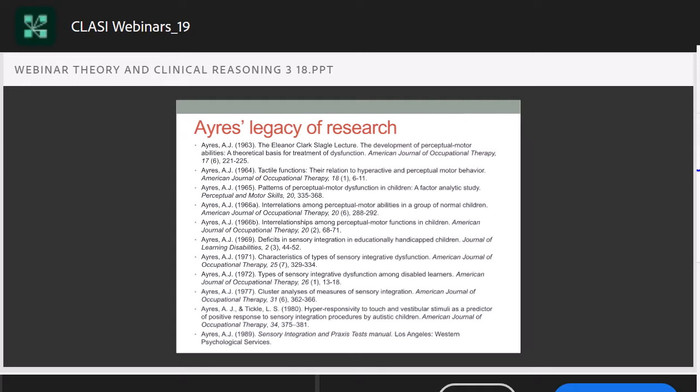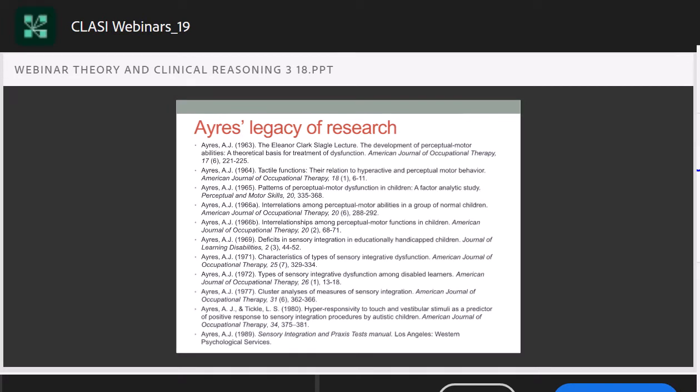Now, this is not a comprehensive list, but it does show you a progression of her thinking as she was publishing, starting in the 1960s, about perceptual motor abilities, tactile functions, perceptual motor functions, interrelationship between perceptual motor abilities, and then on through looking at these problems that she called, let's say in 1972, sensory integrative dysfunction among disabled learners.